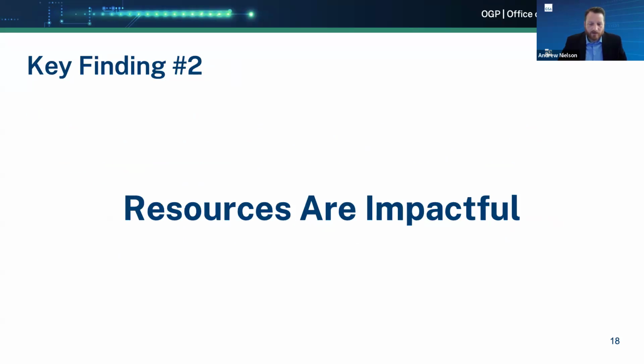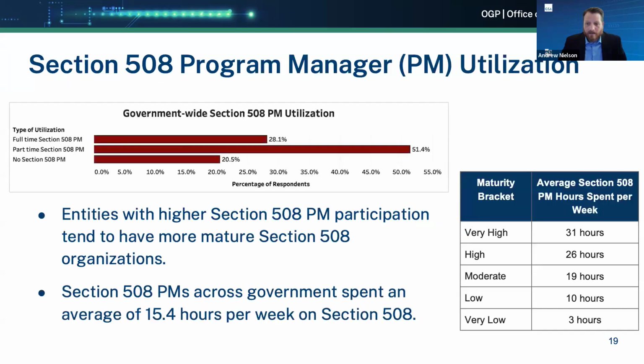All right, key finding 2: resources are impactful. For federal agencies, there has been a requirement since 2013 that at least every CFO Act agency should identify a Section 508 coordinator, and we've moved from using that term to Section 508 program manager.